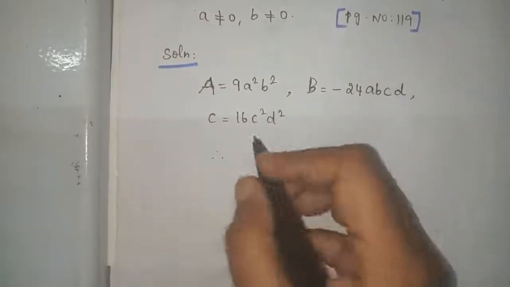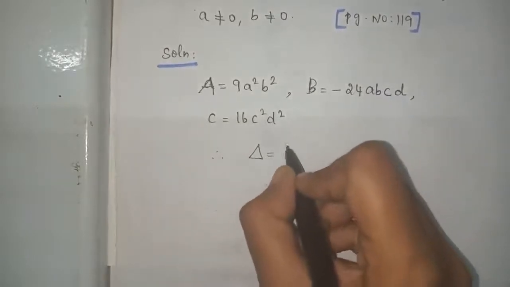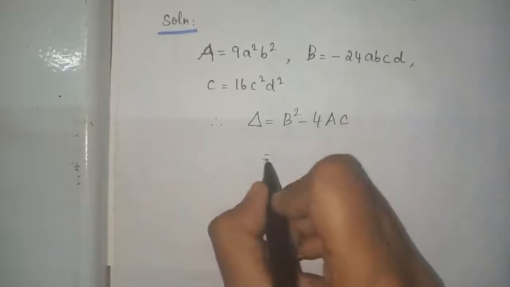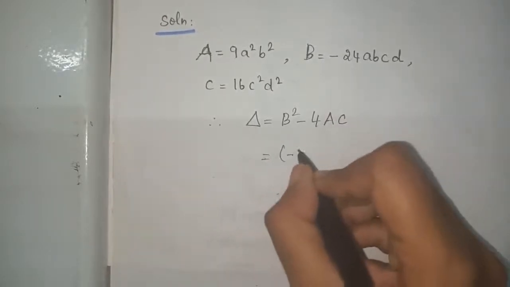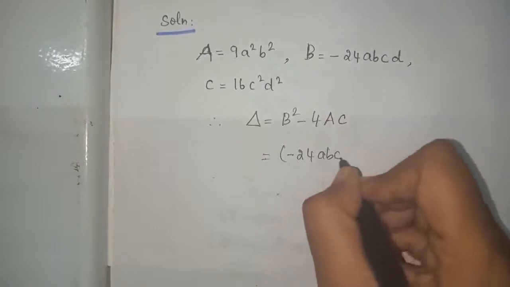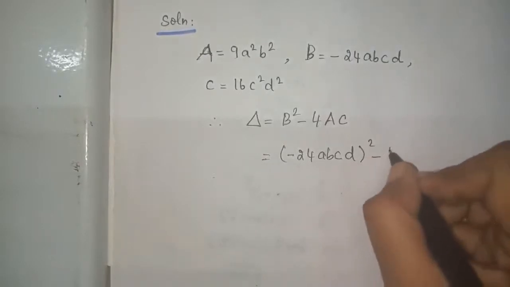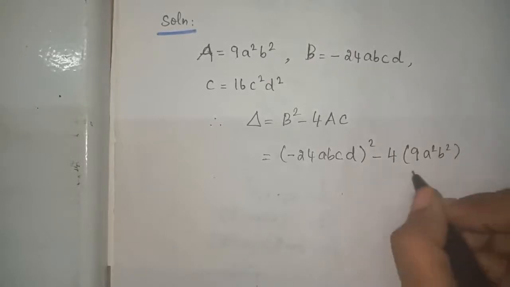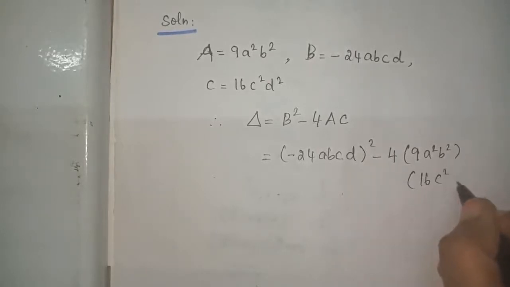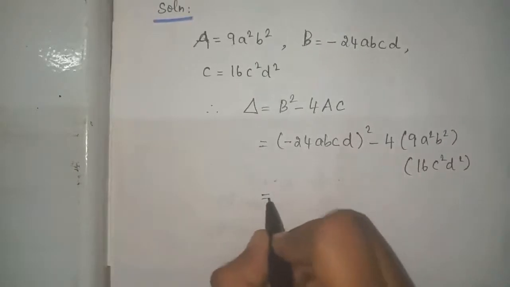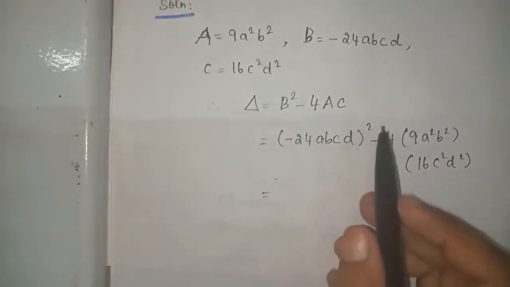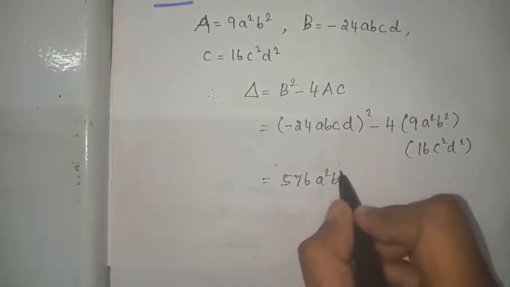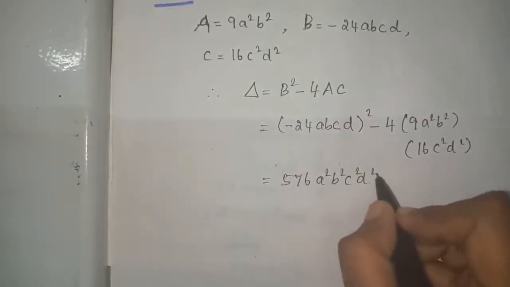So we know the discriminant value delta is equal to B square minus 4AC, which is equal to minus 24 ABCD the whole square minus 4 into A value is 9 A square B square into 16 C square D square, which is equal to minus 24 square is 576 A square B square C square D square.